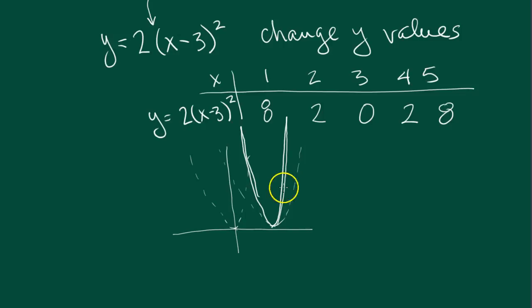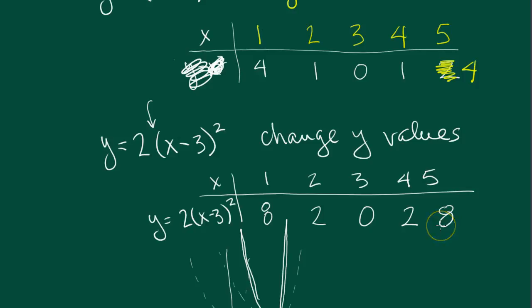Okay. And then, let's see, that was step 2. Multiplying by 2 was the second operation changing from our key graph.